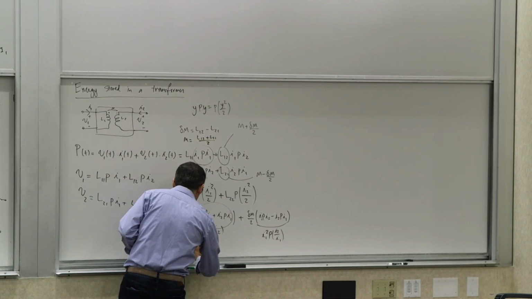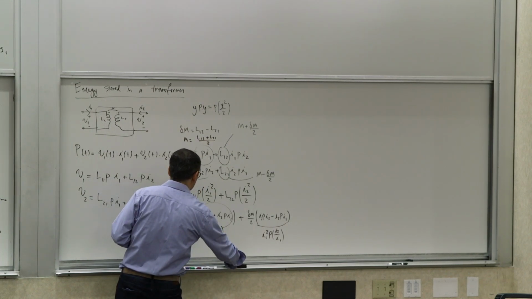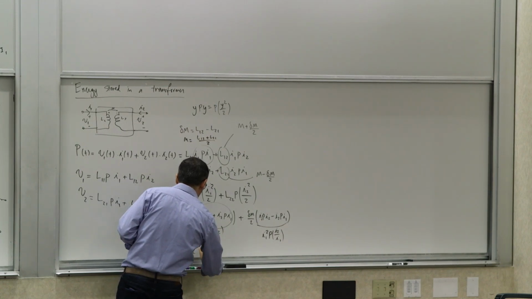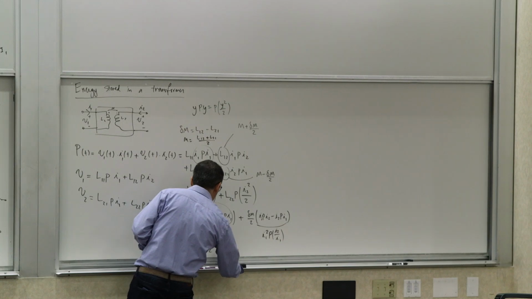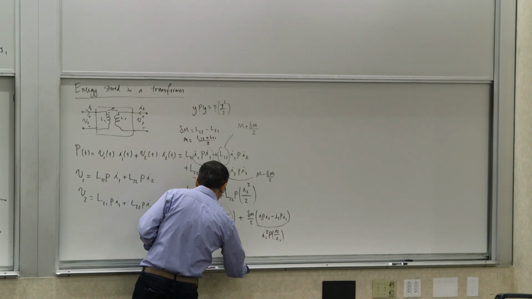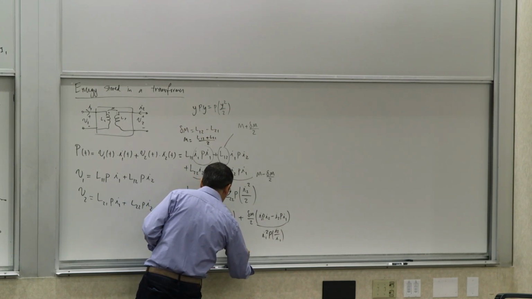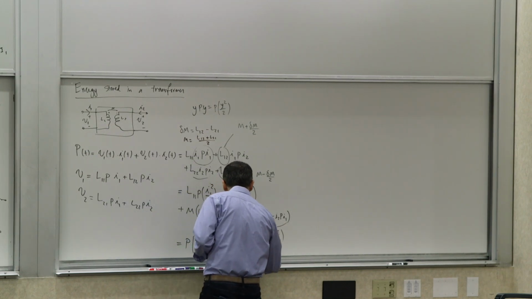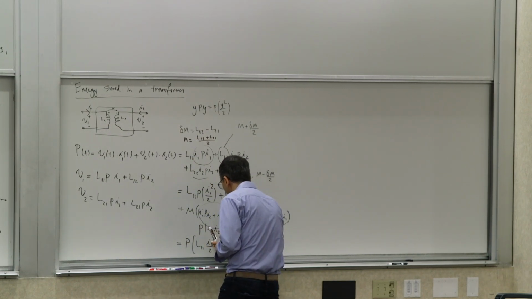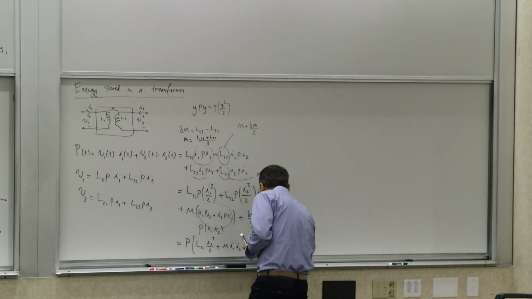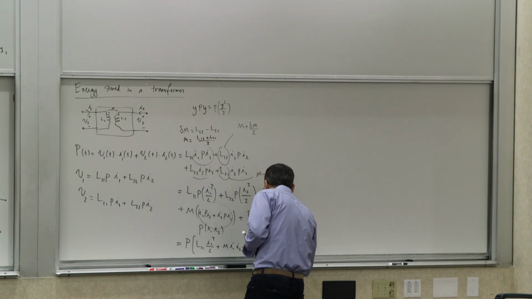So you can write this as p of L11 I1 squared over 2 plus m I1 I2 plus I1 L22 I2 squared over 2, right?